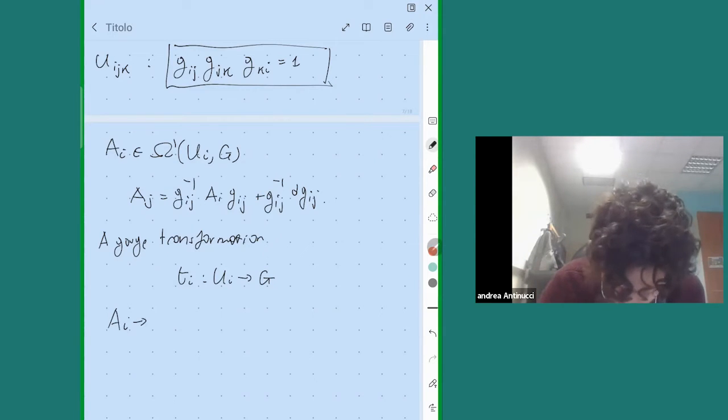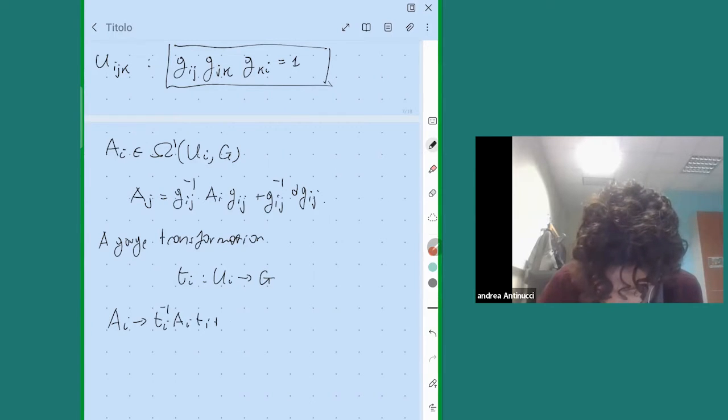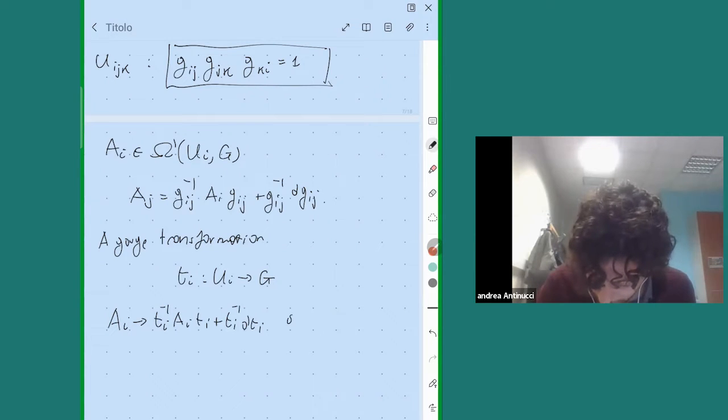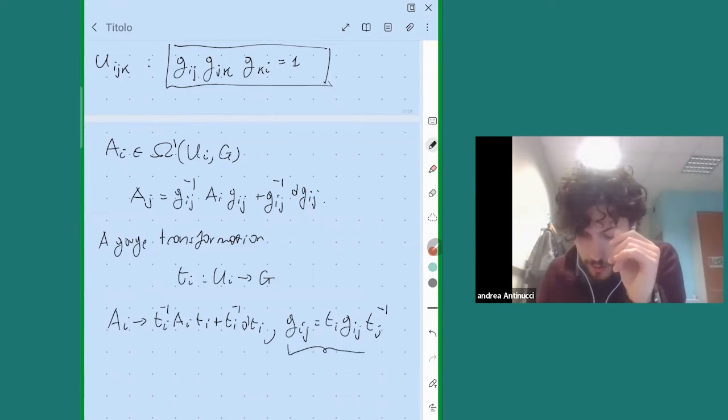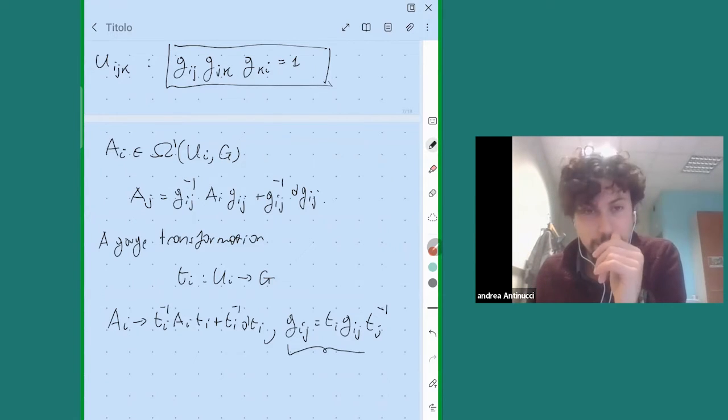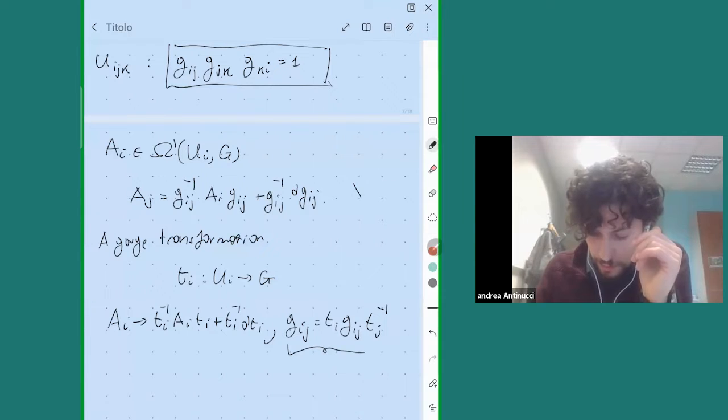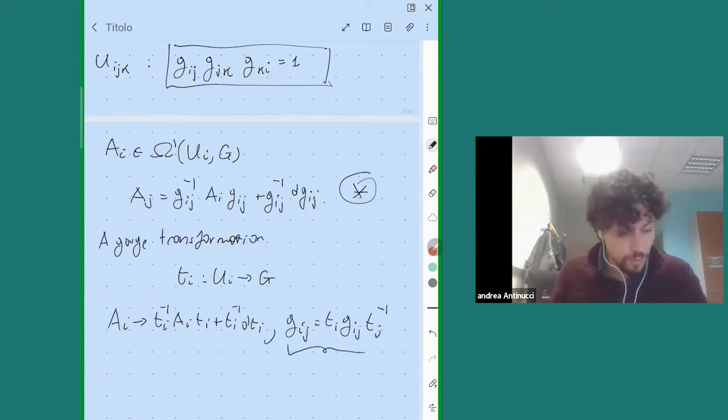The action on A_i is formally the same as above, and this is the usual formula for gauge transformation, but it also acts on the transition function, essentially by conjugation on the sides. And the second equation, which you are probably less familiar with, is required to be compatible with this gluing property that I wrote above.